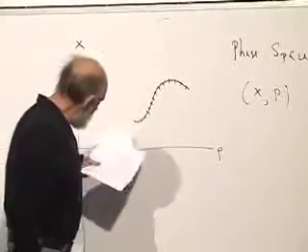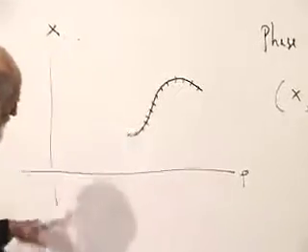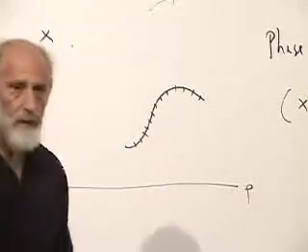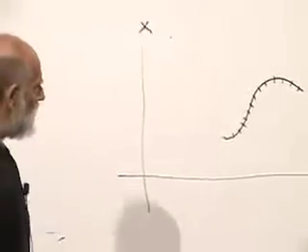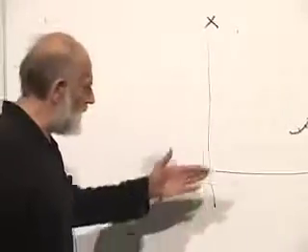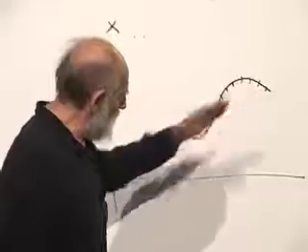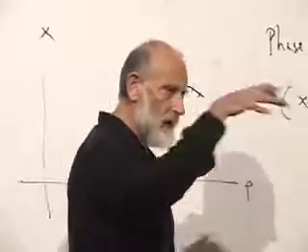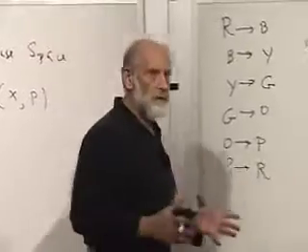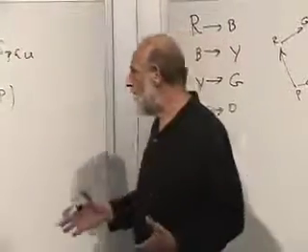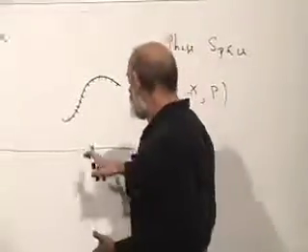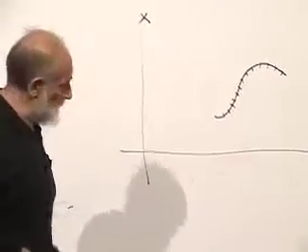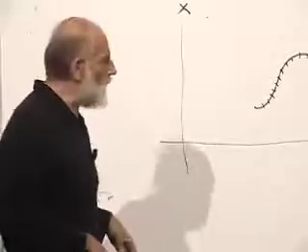But of course, the motion is continuous, but you could nevertheless divide it up into microseconds if you like, or nanoseconds, or whatever you want to do, and draw the trajectory. And that's the trajectory in the phase space. It's not the trajectory of the object in space, it's the trajectory through this phase space. Wherever you start, there are various kinds of situations, and we can talk about them.